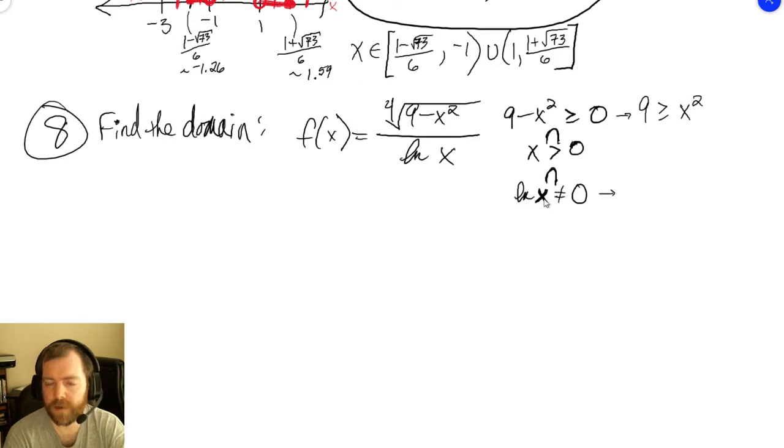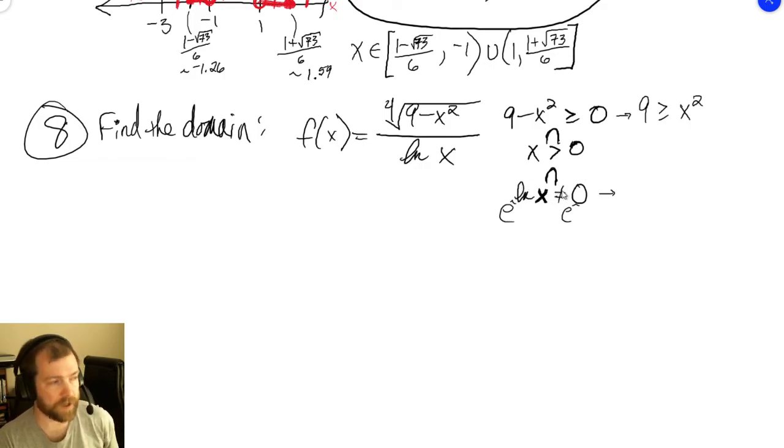And here, if you take the inverse operations here, natural log is e. Right, e raised to the natural log of x cannot be equal to e raised to the 0. E to the natural log of x just is x. These are inverse operations of each other. X cannot be equal to e to the 0, which is 1.